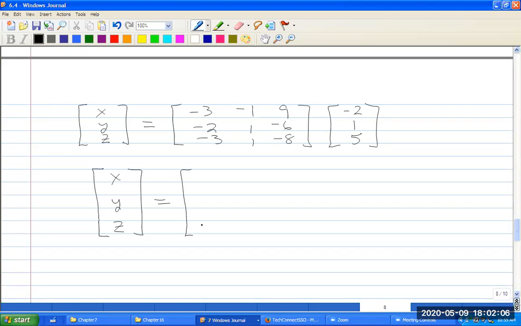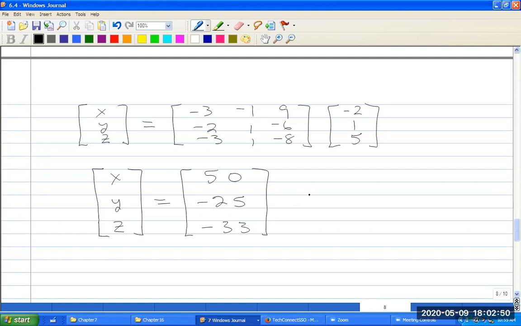Okay. 6 minus 1, 5 plus 45 is 50. So X is 50. Just multiply this out. 4 plus 1 is 5, minus 30 is -25. 6 plus 1 is 7, minus 40, -33.